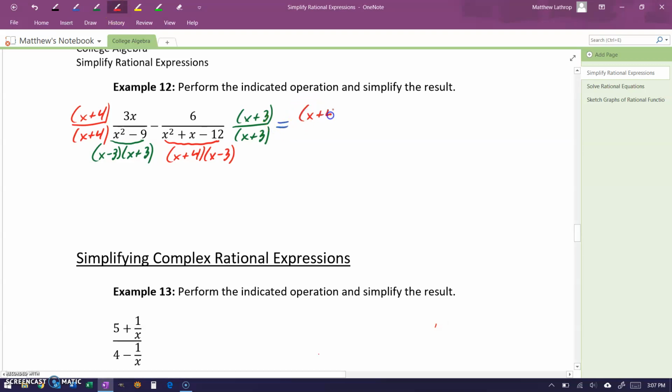Our numerator then will become x plus 4 times 3x minus 6 times x plus 3, all over that common denominator of x minus 3, x plus 3 times x plus 4.